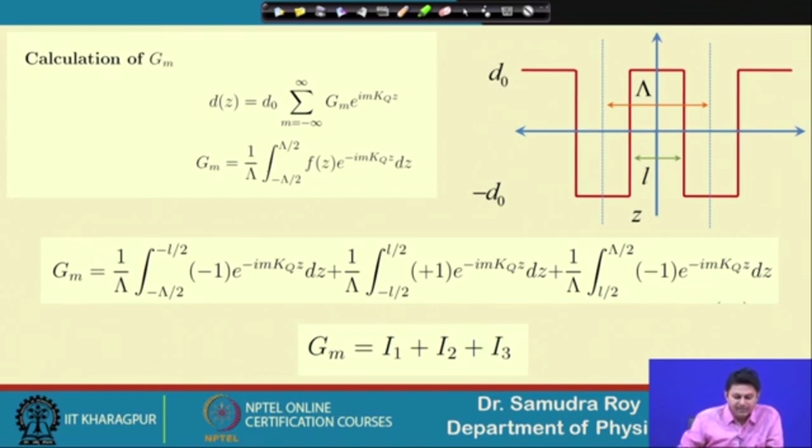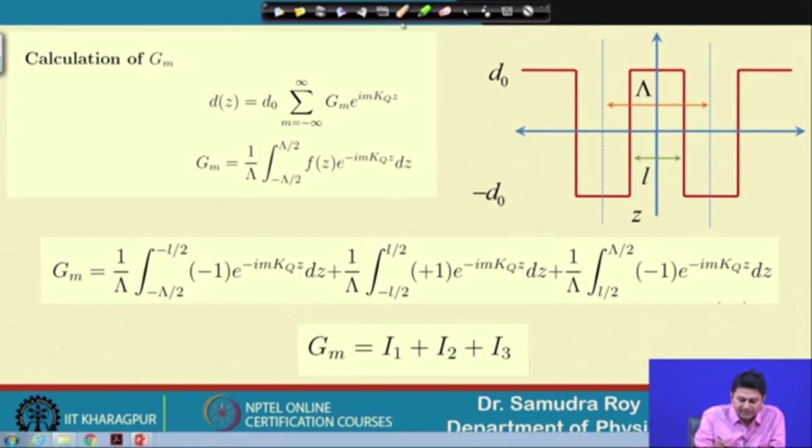So, d(z) can be represented for this periodic function. This is the realistic function of d. So, we can write d as a summation over m from minus infinity to infinity, as a Fourier series. So, G_m is a Fourier component, and it can be found if the function is given.